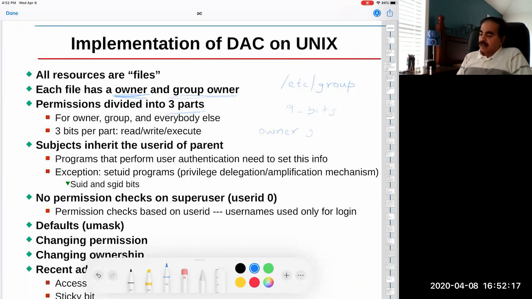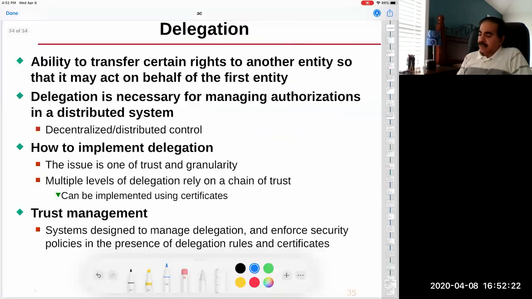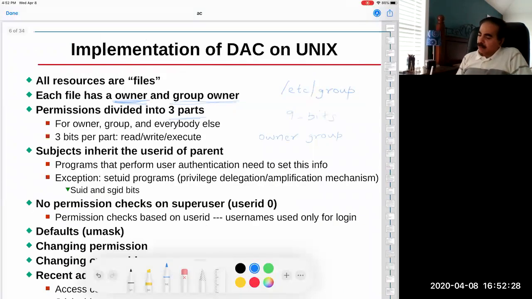The second 3 bits provide the permissions for the group, and the third 3 bits provide the permission for all others. Each of these consists of 3 bits, and those are the permissions for read, write, and execute. This is the 9-bit permission model that many of you may have already seen.